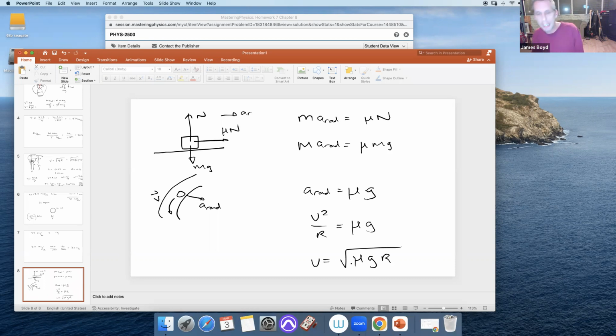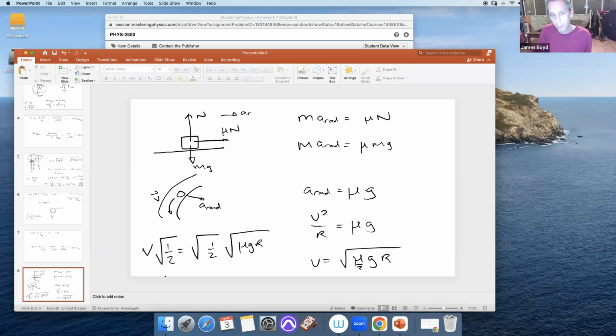Now what they're saying is when it rains, our mu gets reduced by a half. So what we get on this side is we would multiply by a half, and on this side, we're going to multiply by the square root of a half as well.